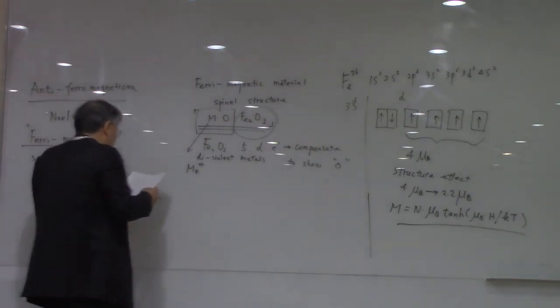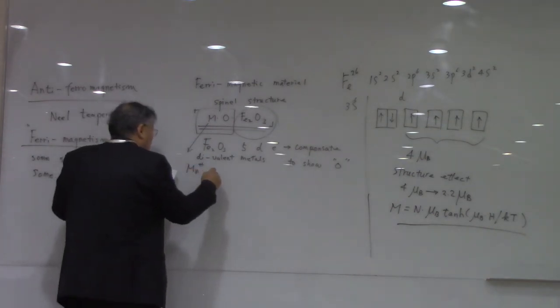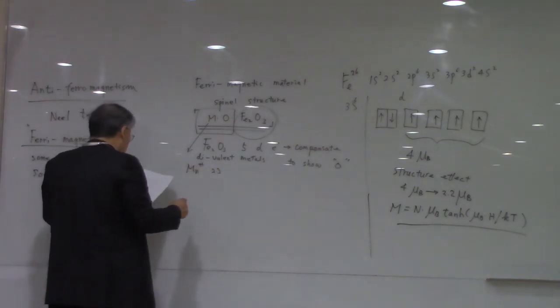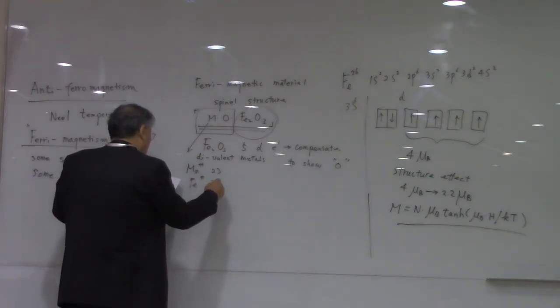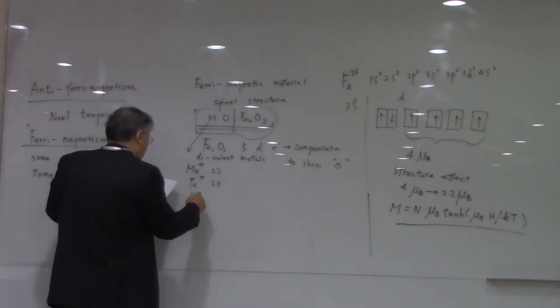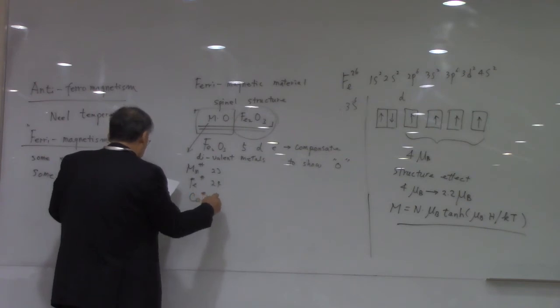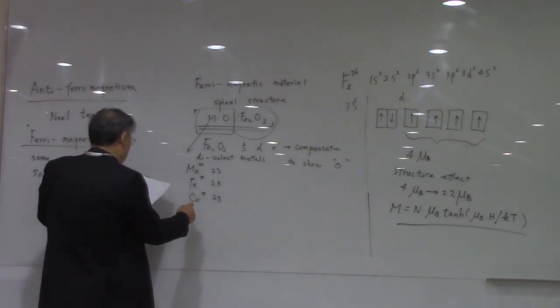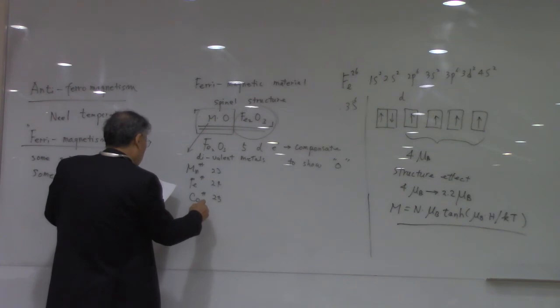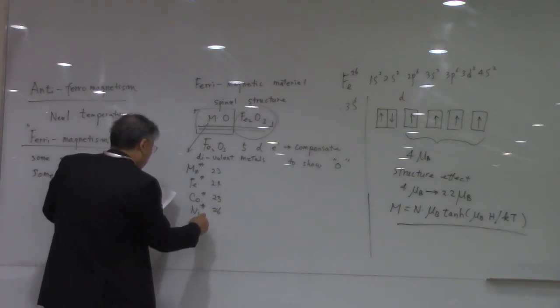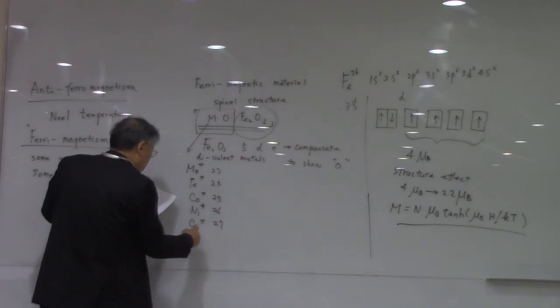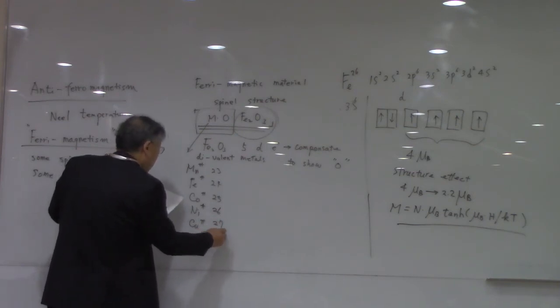For example, manganese is 23, Fe 24, and Co 25, and nickel 26, copper 27, and zinc 28.